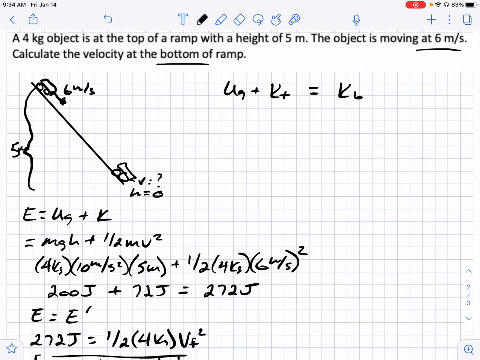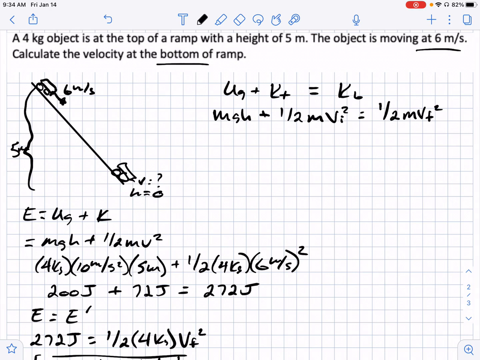If we plug in our equations, that would give me mgh plus 1/2 m initial velocity squared, equal to 1/2 m final velocity squared. And this is what we call a conservation equation.